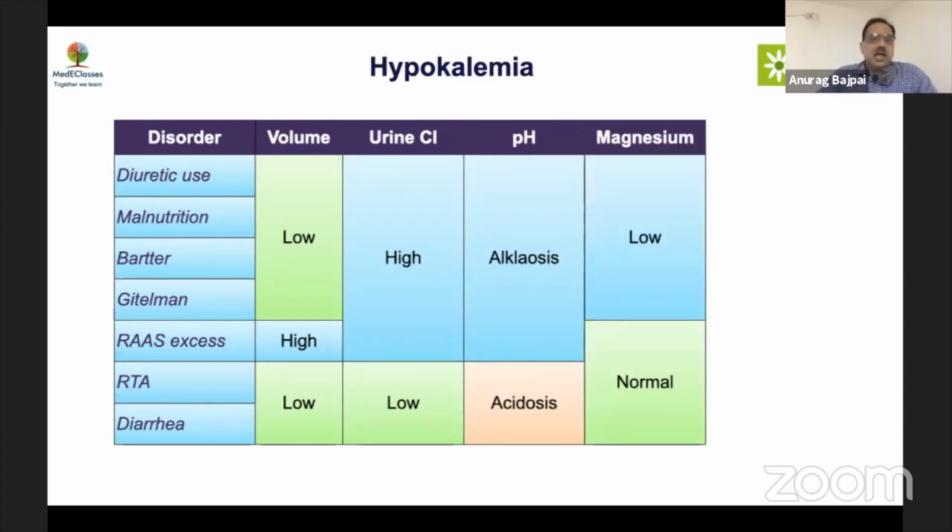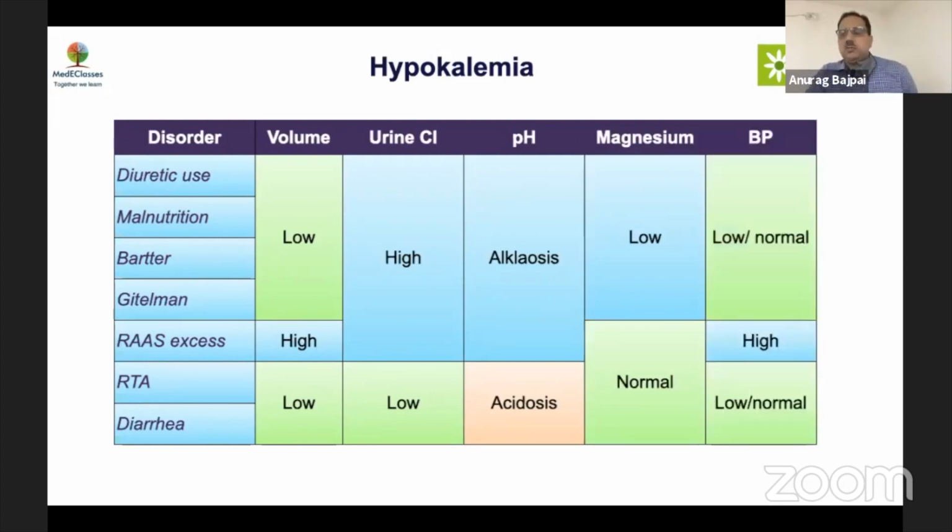If it's hypomagnesemia, think of malnutrition, diuretic use, or Bartter syndrome. And if there is hypertension with hypokalemia, think of a RAS excess situation like increased mineralocorticoid excess, like 11-hydroxylase or 17-hydroxylase deficiency, hyperreninism, or aldosterone producing adenoma. So basically looking at volume, urinary chloride, pH, magnesium, and blood pressure will give you the diagnosis for hypokalemia.